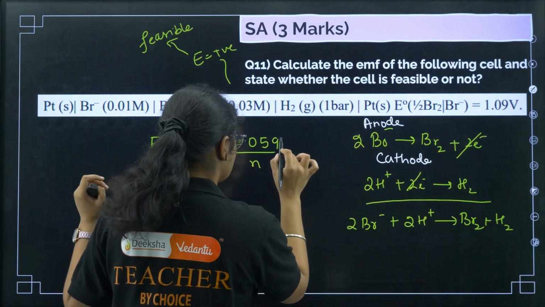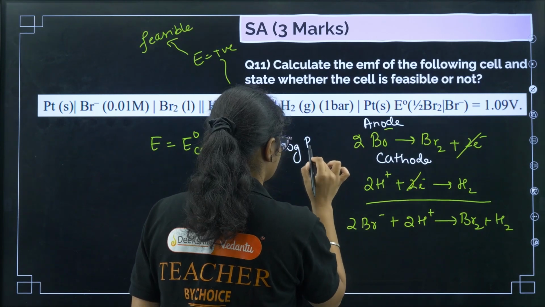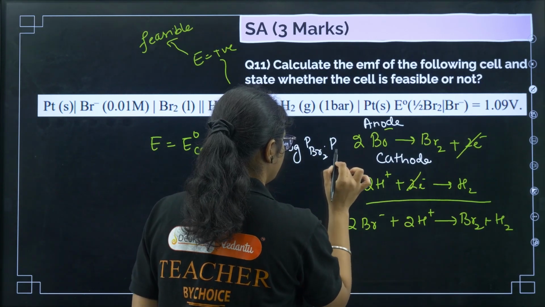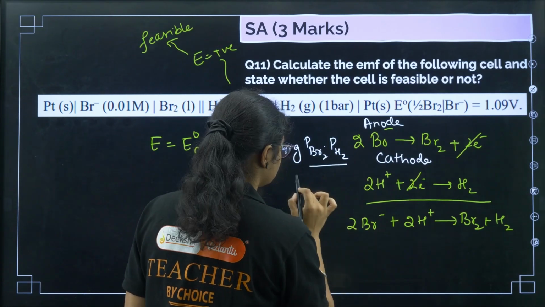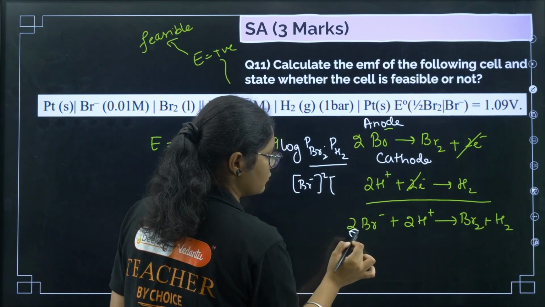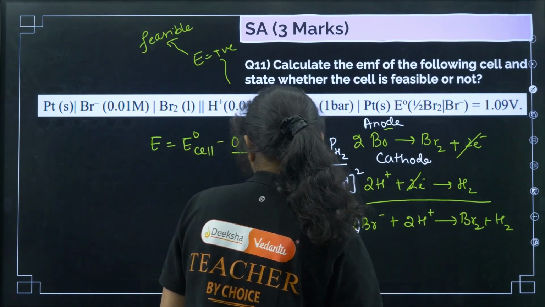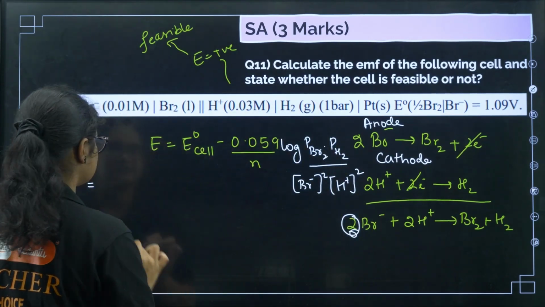So I'll get log of pressure of Br2 times pressure of H2, divided by Br- ion concentration to the power of 2, and H+ concentration to the power of 2. Now if you solve this, what is the E naught value?